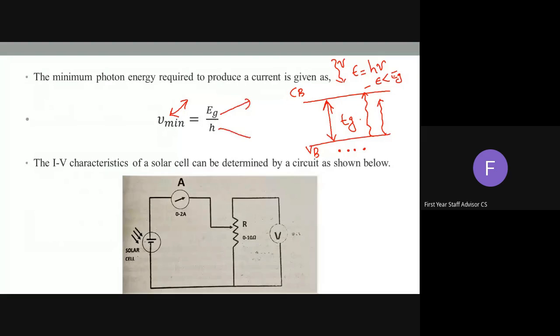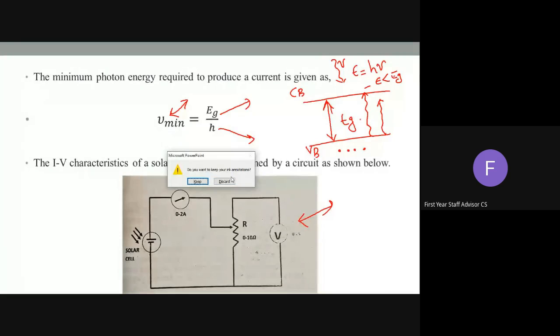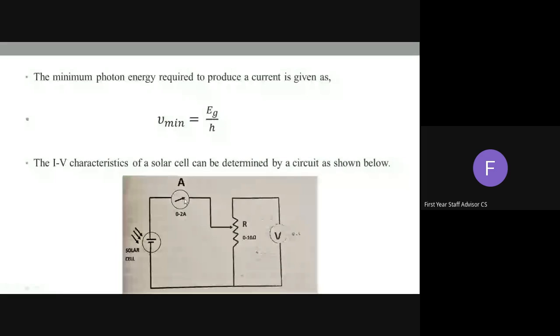And at last, the IV characteristic of a solar cell can be determined using this circuit. There is an ammeter measuring the current produced by the solar cell, and a voltmeter connected in parallel across the solar cell with a resistance.